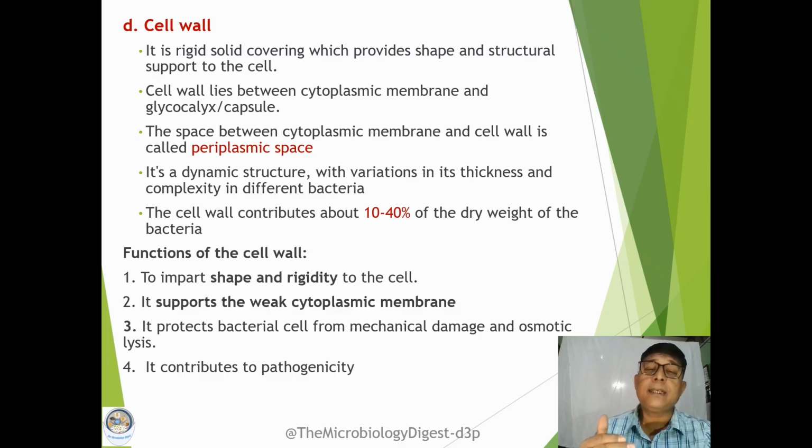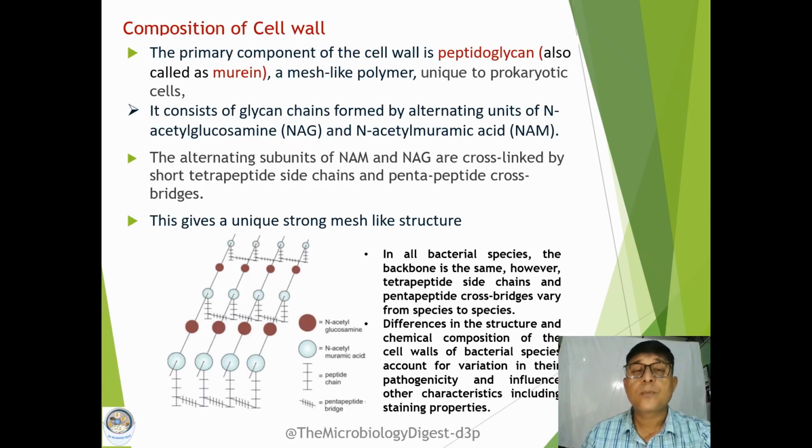And from osmotic lysis; in the case of bacteria, there is always a problem of osmotic lysis. So the cell wall is the structure which protects the bacterium from osmotic lysis. And in some organisms, the cell wall contributes to the pathogenicity of the organism. So these are the four important functions carried out by the cell wall.